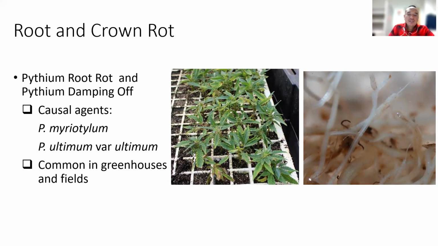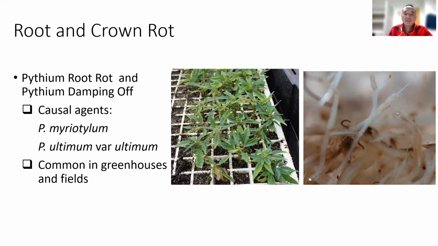This pathogen infects roots, and infected roots can turn brown, and the outer part of the root, such as the epidermis and the cortex, can slough off, leaving the inner part, which is the pith or the vascular bundle only, and making the root look like this. We call this a rat tail.